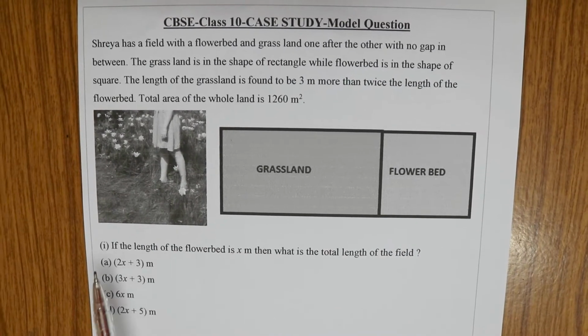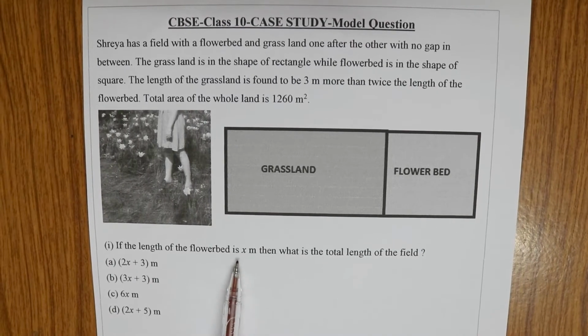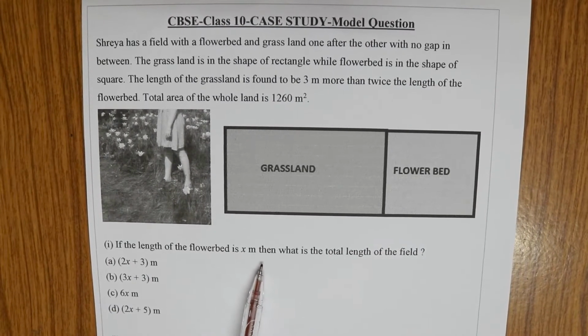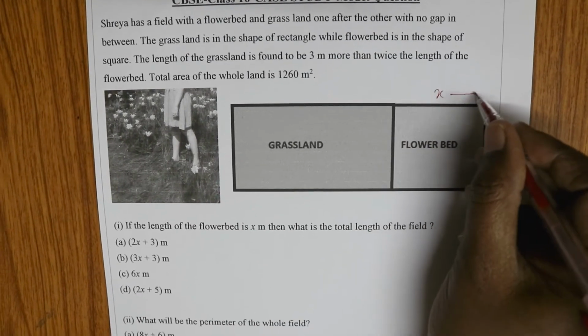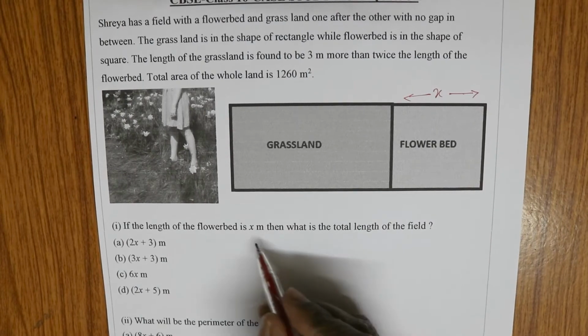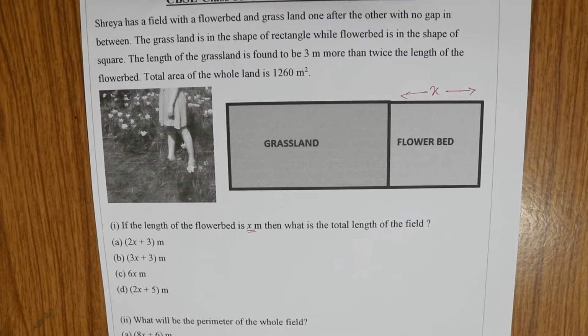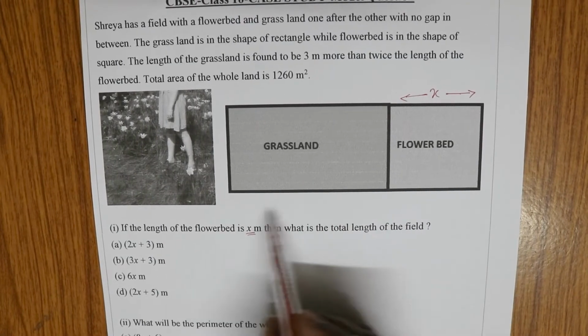Now coming to the first subdivision: if the length of the flower bed is x meter. So the measure from here to here is x meter. Then what is the total length of the field? The total length is from here to here.